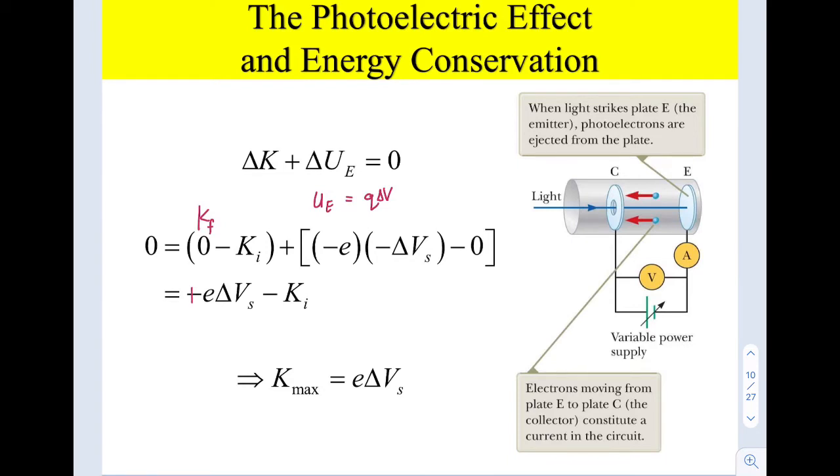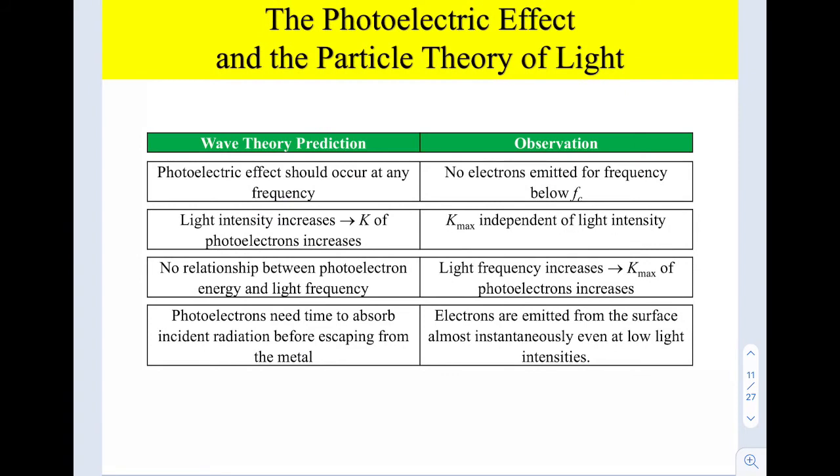The previous equation can be rewritten as K maximum, kinetic energy maximum, is equivalent to e delta Vs. And our K initial here is K max.